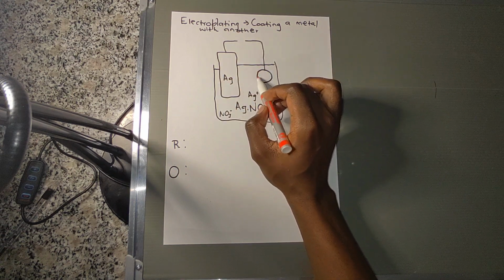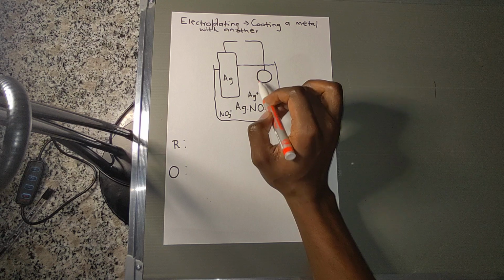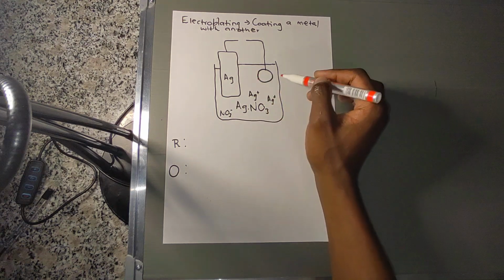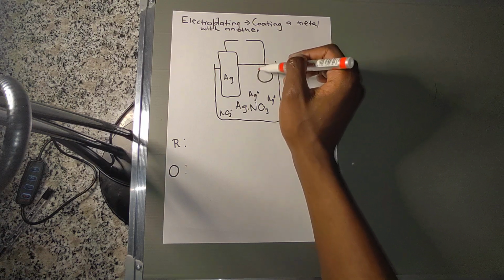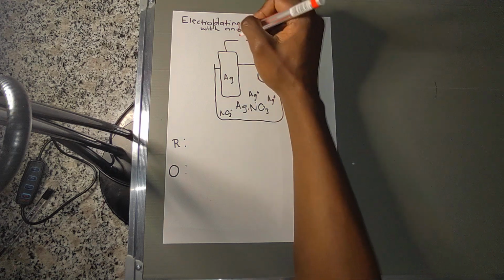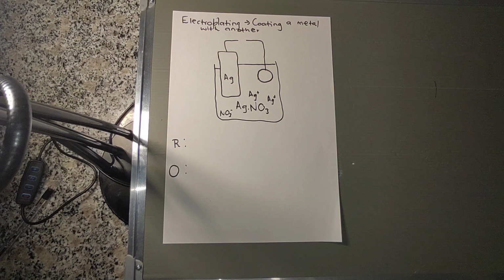The electrons should be transferred here, and these electrons should attract the silver ions. So when the silver ions react with these electrons, they will form a metal surface around the ring, which is silver. So now you should connect the battery in this way. If you don't connect it that way, you're going to do the reverse of what you are trying to achieve.